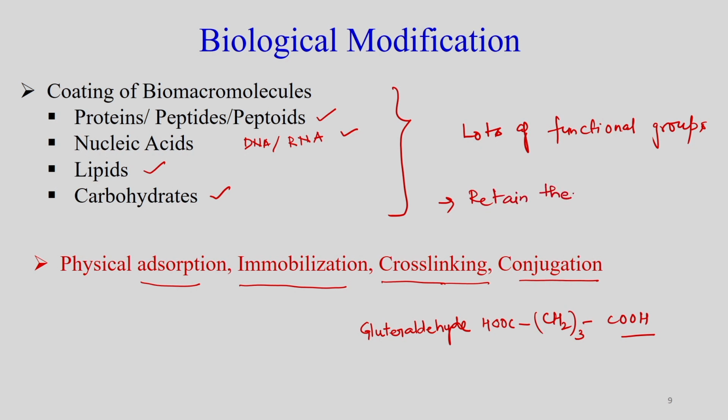Particularly if you consider the protein, if their particular conformation is not present, they lose their activity or their functions are lost. So, this is a major challenge with biological modifications, to retain their native conformations, or you can say to maintain their activity.